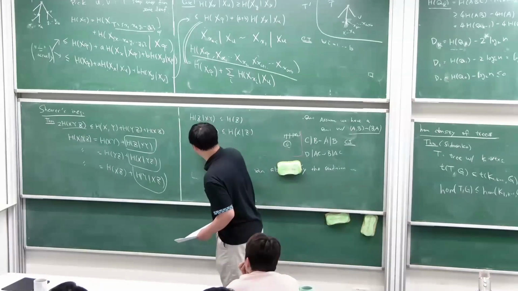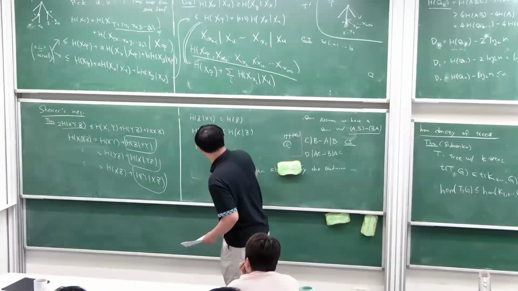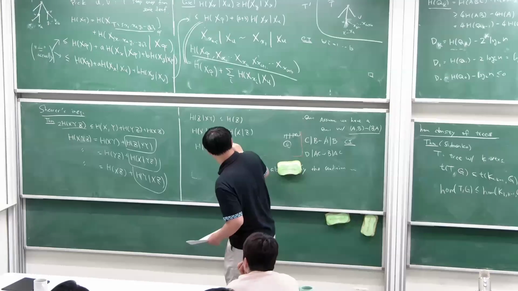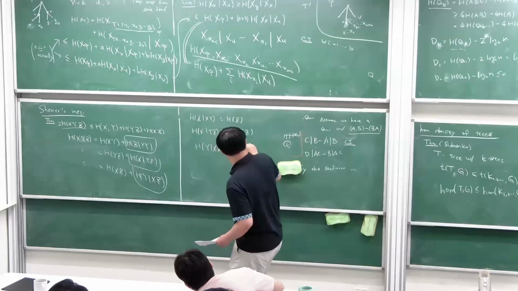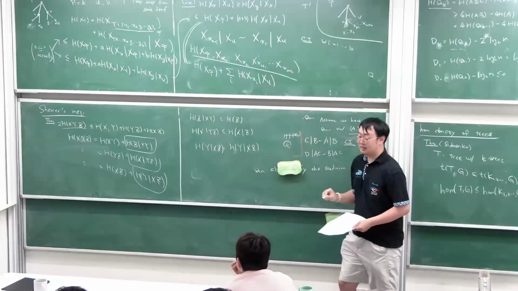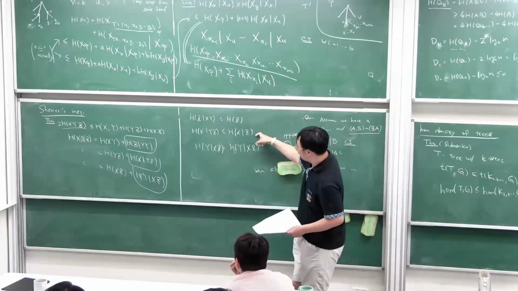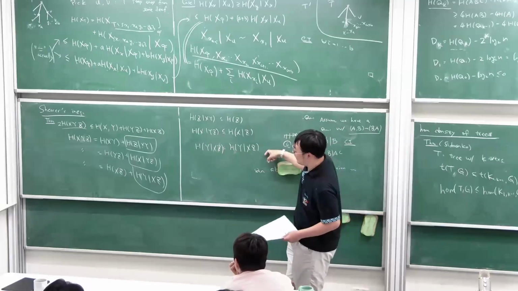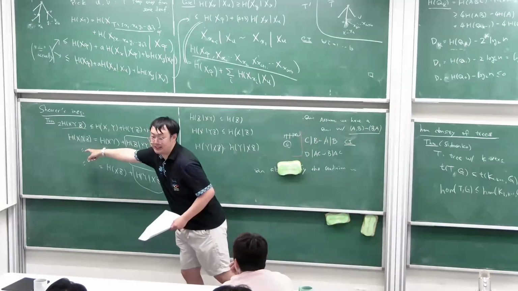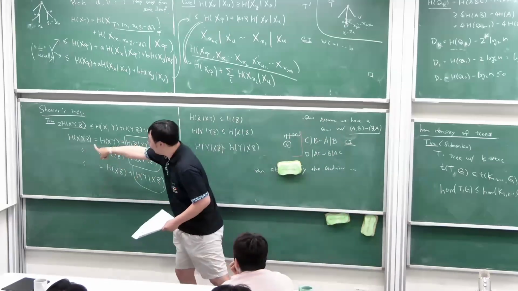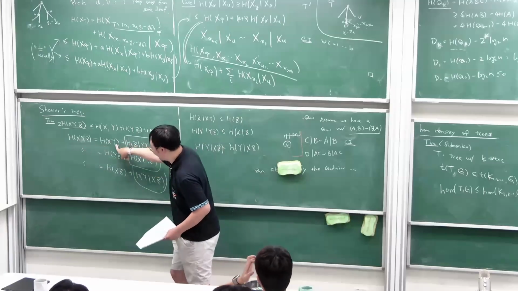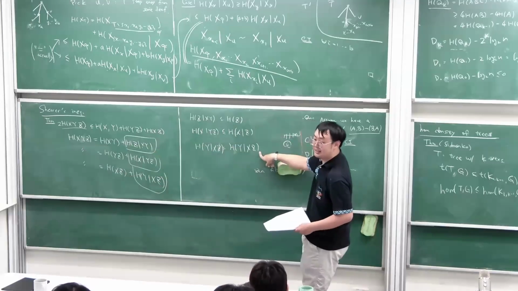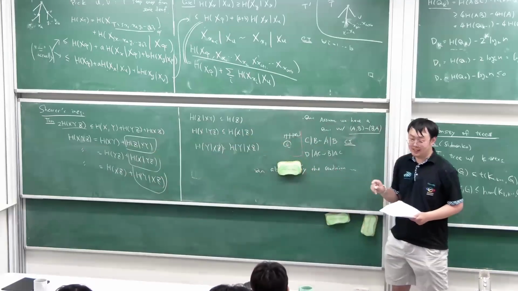And the last term, you just keep the same, y given xz. So you add these together, that's the chain rule, and you get a copy of H of xyz. So 3 times H of xyz is upper bounded by what we want, plus 1 copy of H of xyz. So that gives you Shearer's inequality.